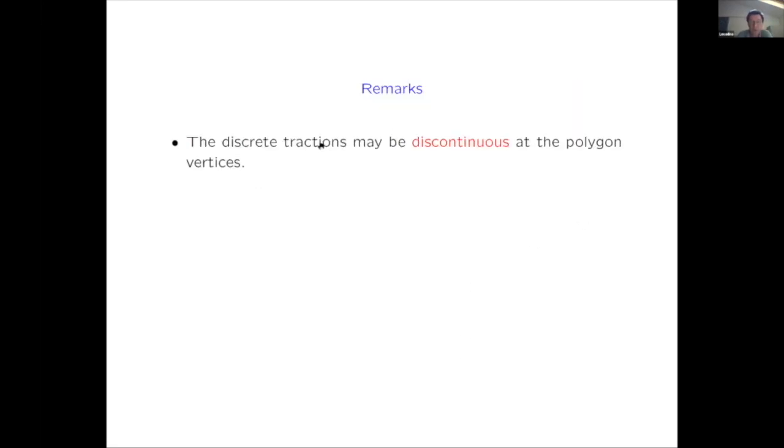Okay, so in doing that, I would like to remark that we have that the discrete tractions may be discontinuous at the vertices of the polygons. So we don't have any continuity just in the vertices.